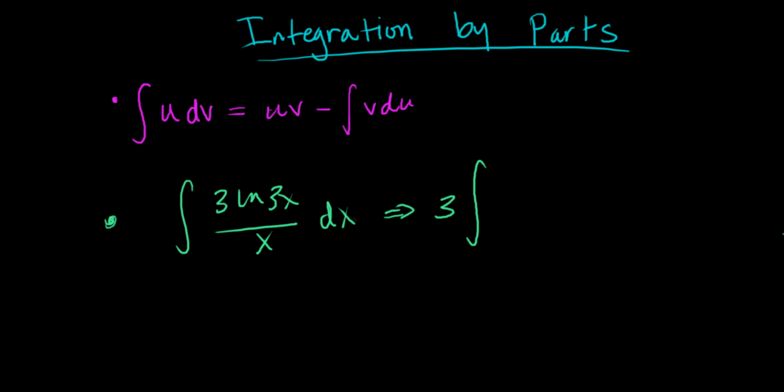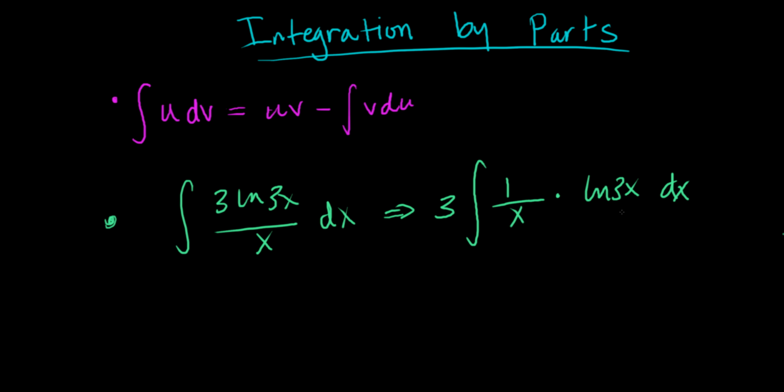But if you want to make sure that this is an integration by parts problem or u substitution, why don't you separate the functions as much as possible? Especially this is the case when you have a rational function. So what I mean by that is write 1 over x times ln of 3x, because this makes it very clear to you what your two functions are. One is 1 over x, one of them is ln of 3x.